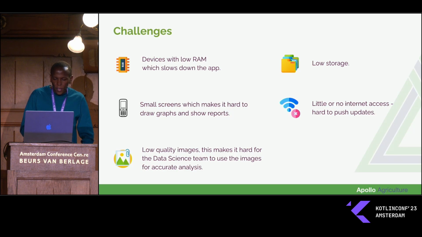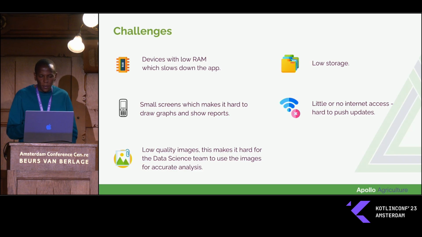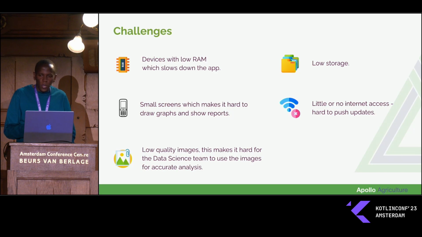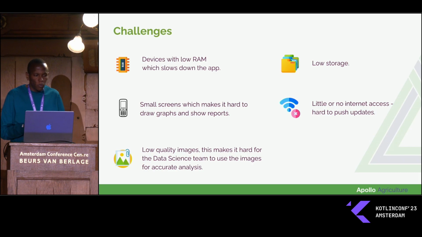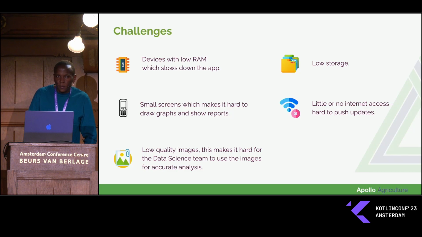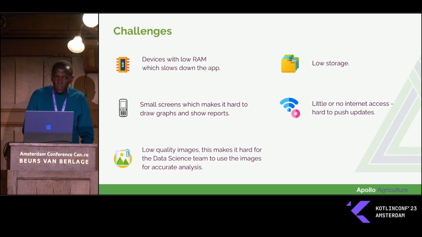And also, the other challenge is that these devices have low quality cameras. As I mentioned, we rely heavily on data to make decisions, and we collect a lot of images about the farmer and also about their farm. So we have low quality images, which makes it hard for us to make decisions at times. We also have low storage. I think some of these devices are less than 16 GB, which, I think 16 GB is even better off.